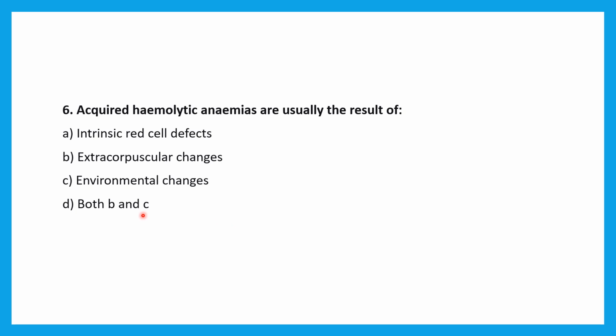there's a difference between hereditary hemolytic anemias and acquired hemolytic anemias. When we talk of hereditary hemolytic anemias, we normally refer to intrinsic factors, or internal factors rather. When we talk of acquired hemolytic anemias, we refer to external factors, all those factors that are external to the red blood cells.